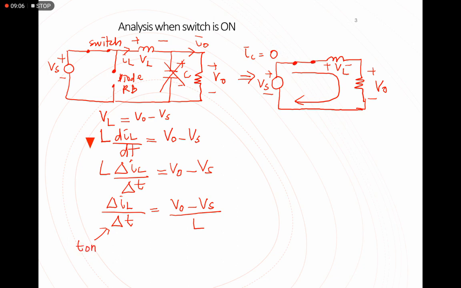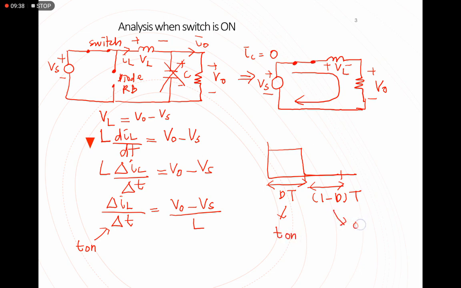Referring to the output waveform here, this is when your switch is on, so now we are doing the analysis when your switch is on. This is when your switch is off. So this delta T, the T on here, will be equal to dT.